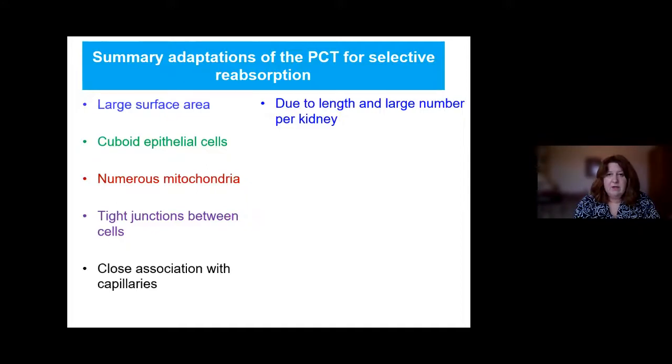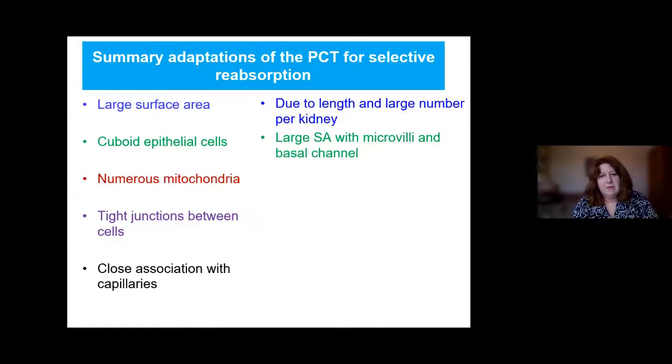Well, why large surface area? Well, the length of the proximal convoluted tubule, the fact that there are millions of them in any kidney anyway, and further instances of large surface area, because the cuboidal cells, as I've said, at one side have microvilli forming the brush border, and the basal channels at the other side, to increase the surface area for movement of substances.